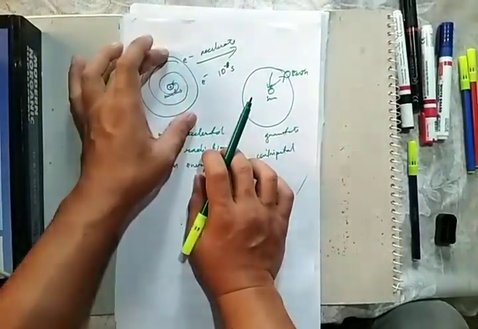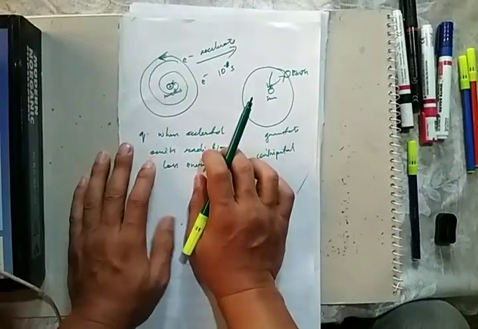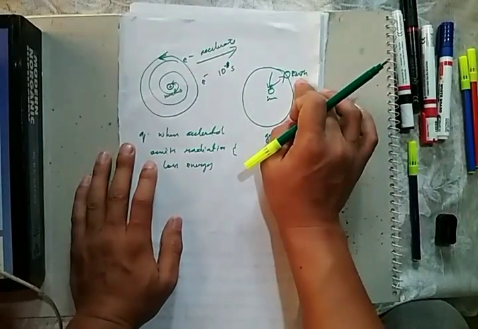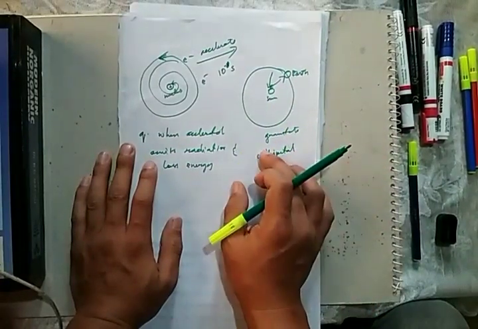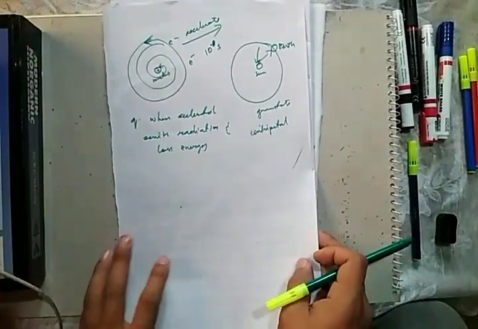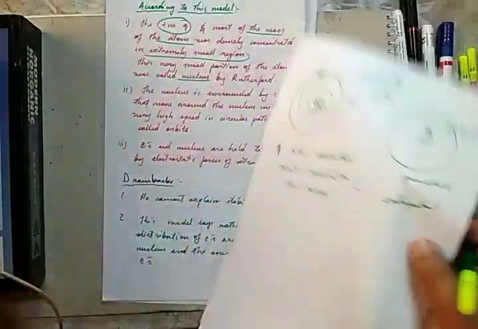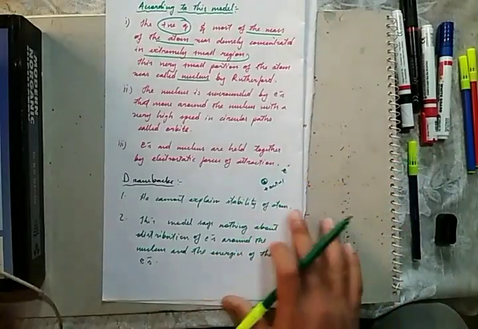We know the Earth is not a charged particle, so this does not explain the stability of atoms.